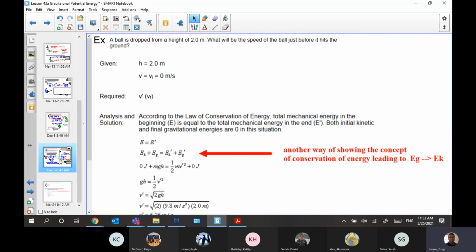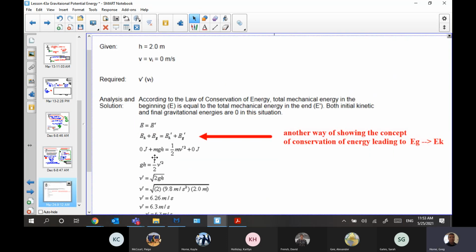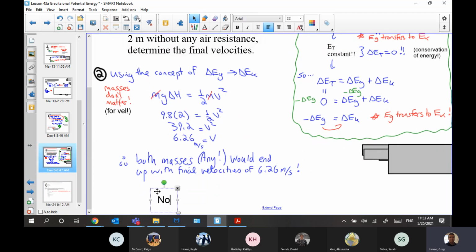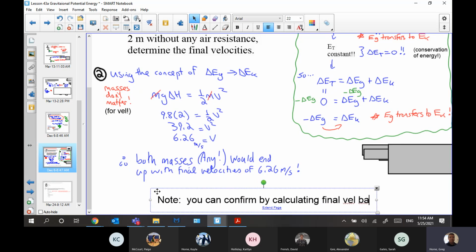That's just basically the same analysis, but let me just make a note here. Note, you can confirm this by calculating final velocity based on the uniform motion.